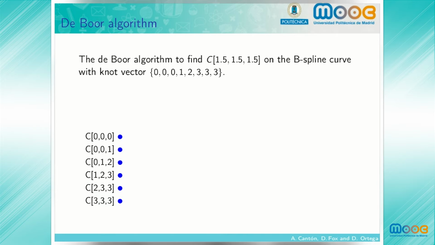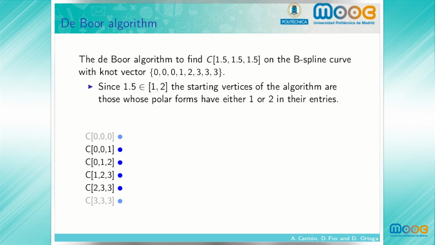So we will use this schematic representation to show how the de Boor algorithm will work to find the point for t equals 1.5. That means to find the polar point given by C(1.5, 1.5, 1.5). This is a point on the B-spline curve which has knot vector 0, 0, 0, 1, 2, 3, 3, 3.